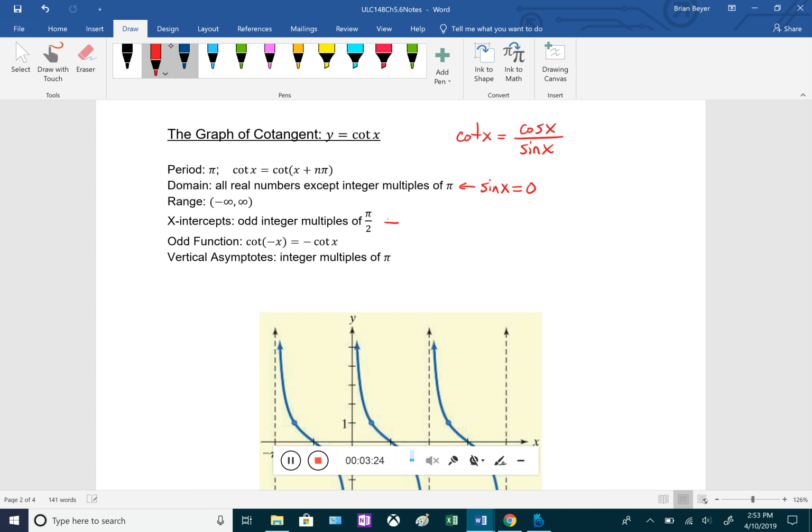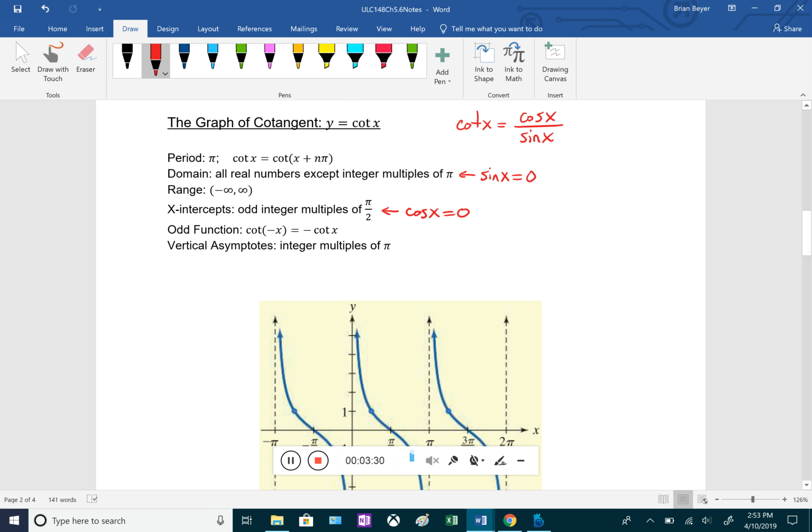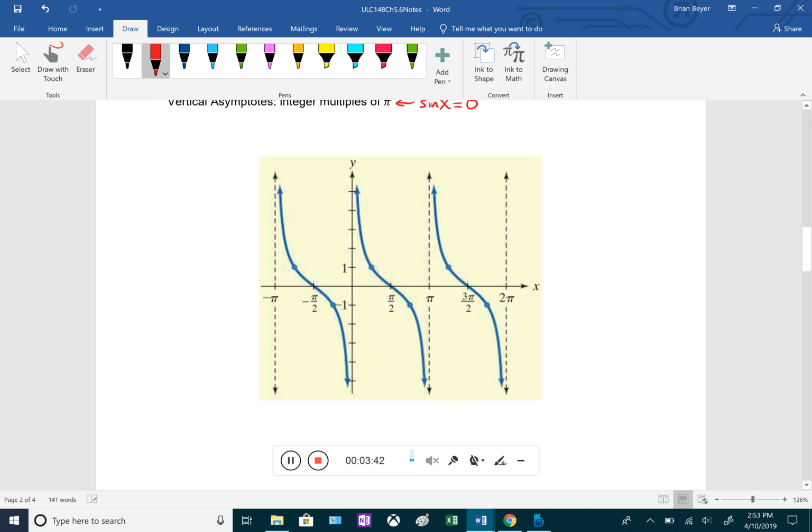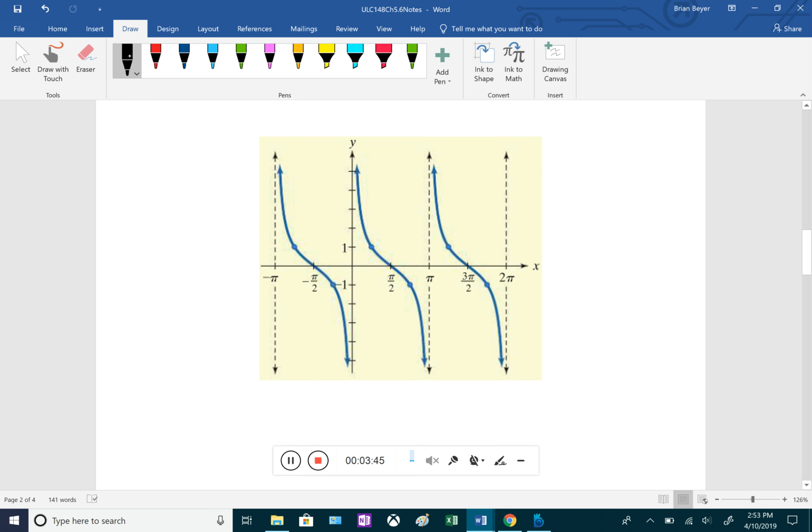The x-intercepts are going to be when the numerator, cosine of x, is equal to 0, which are odd integer multiples of pi over 2. It is an odd function just like tangent, and there are vertical asymptotes when that denominator equals 0. So this is cotangent, y equals cotangent of x.